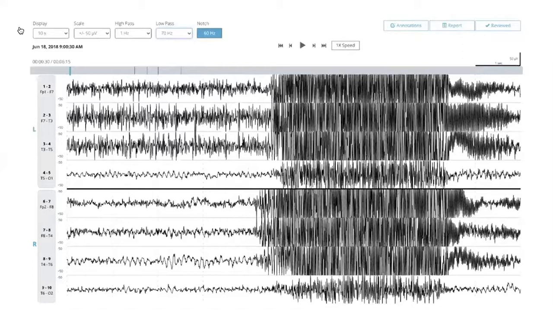What it means is that the muscle is 1,000 times stronger than the brain activity. So no matter what, you're going to see myogenic, as we call it, myogenic activity on these electrodes. If somebody is tense, if somebody is having muscle contractions and so on, you can actually see that.